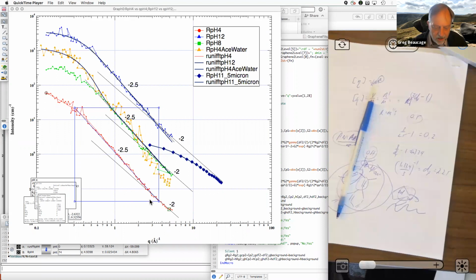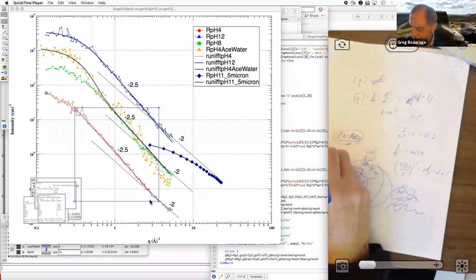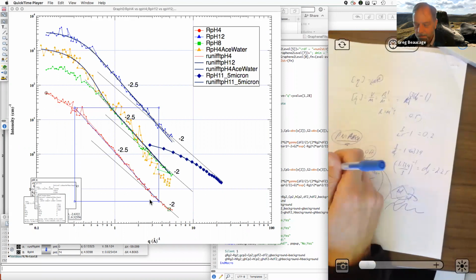So the size of that thing is, if you take 2 pi over 2.8 microns to the minus 1, you get 2.2 microns. That's what I got anyway.